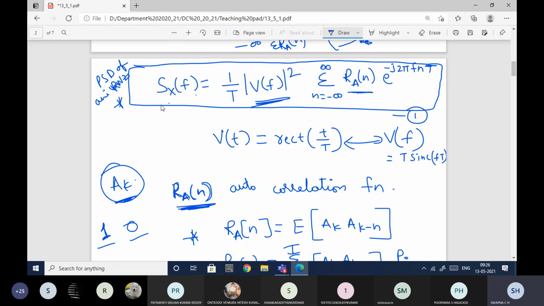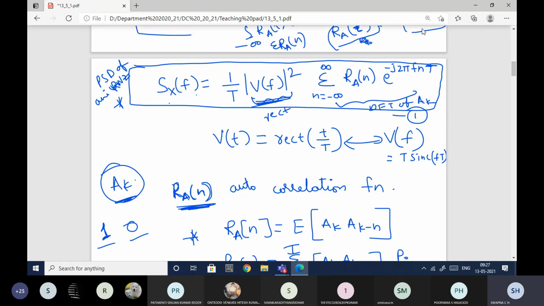S_x of f is the power spectral density of x of t, which is given by 1 by T mod V of f whole square, times the summation n equal to minus infinity to plus infinity of R_A of n, the autocorrelation function, multiplied with e power minus j 2 pi f n T. Here V of f is the Fourier transform of the rectangular function, and the summation is the DFT of the random variable A_k.